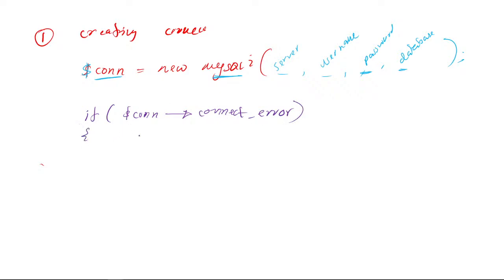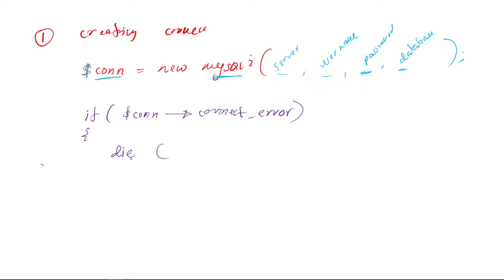Anyhow, you have to check. If there is a connection error, it's programming, and programming is another big topic that we have discussed; I hope you have done it with Python. So if this connection has an error, we'll stop the execution.